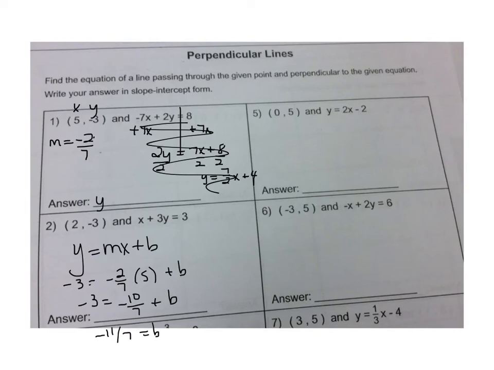So then my equation would be y equals -2/7x minus 11/7. And that's all you're doing. So you have to find the slope of the given line, and then find the slope of the line parallel or perpendicular to it, depending on what it asks. And then plug in your m, your x, and your y, and find your b, and then write your equation, and that's it.